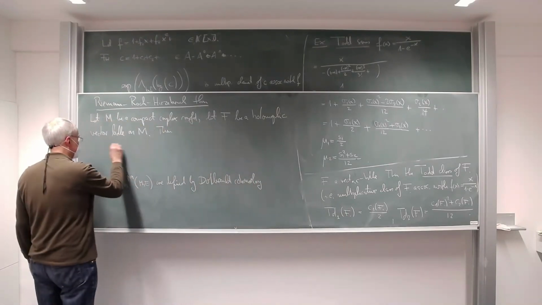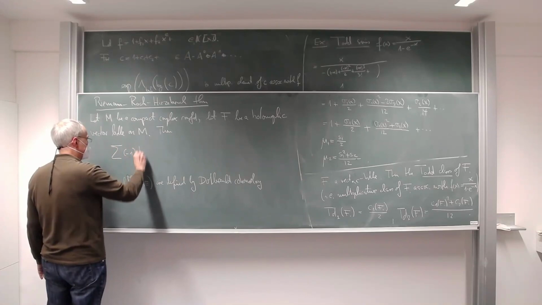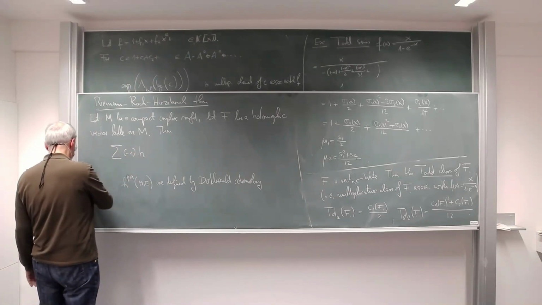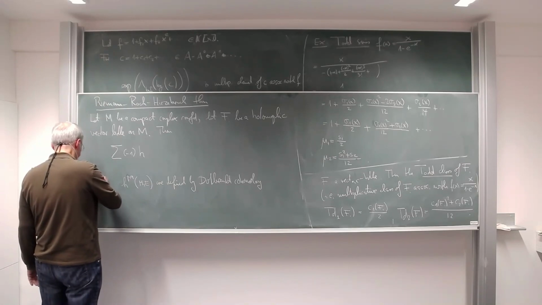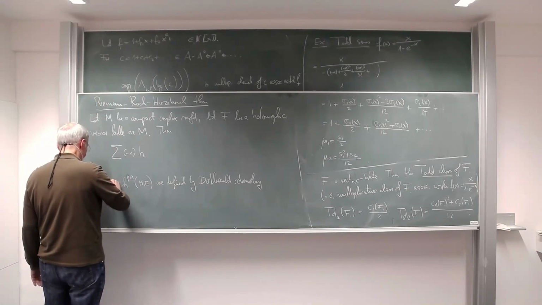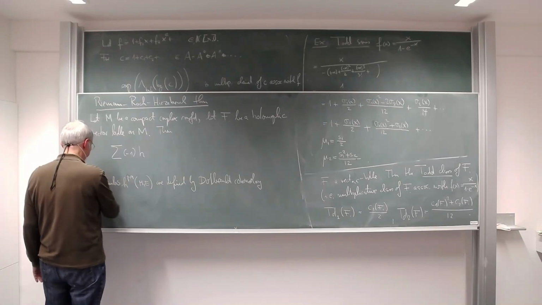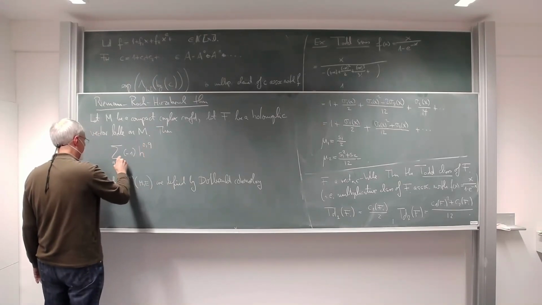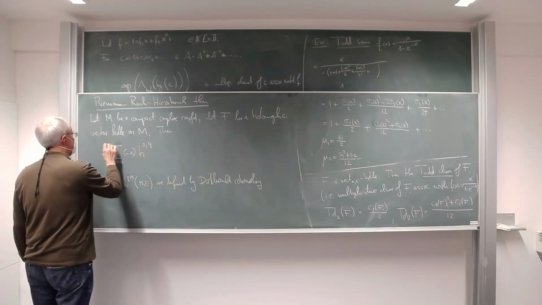And then if you take the alternating sum of some of these so-called Hodge numbers, namely over q from 0 to the dimension of M.